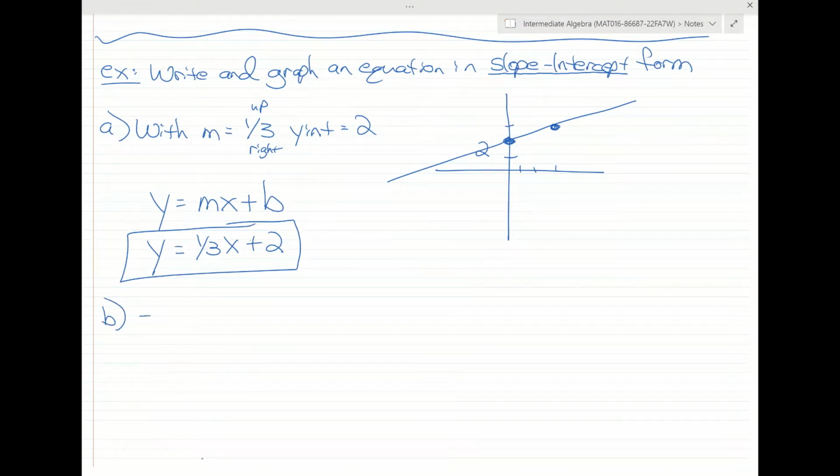If we had negative 2x plus y is equal to negative 6, we want to rearrange that so it's in slope intercept form. You could add 2x on both sides. Y would be 2x minus 6.